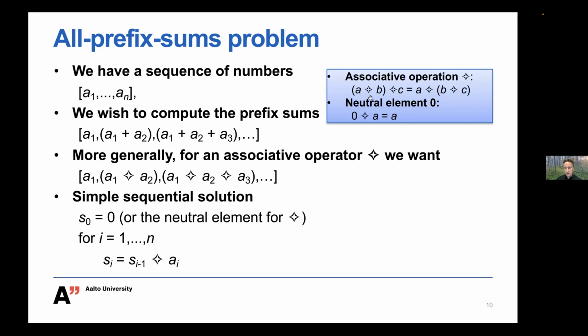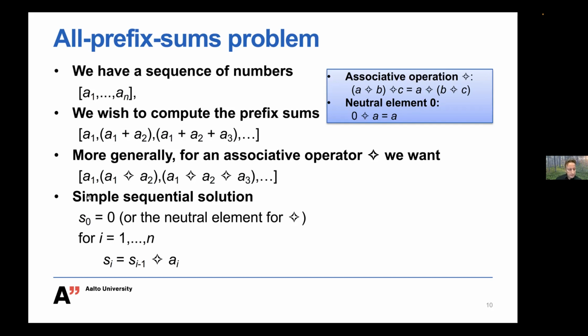Associativeness means that when we have A operator B operator C, we can either do A operator B first and then apply C, or do B operator C first and then apply A. And then we need to have some kind of neutral element. In the case of summation, this neutral element is often denoted by 0. In the case of multiplication, it's 1. And in the case of matrix multiplication, it would be the identity matrix, and so on.